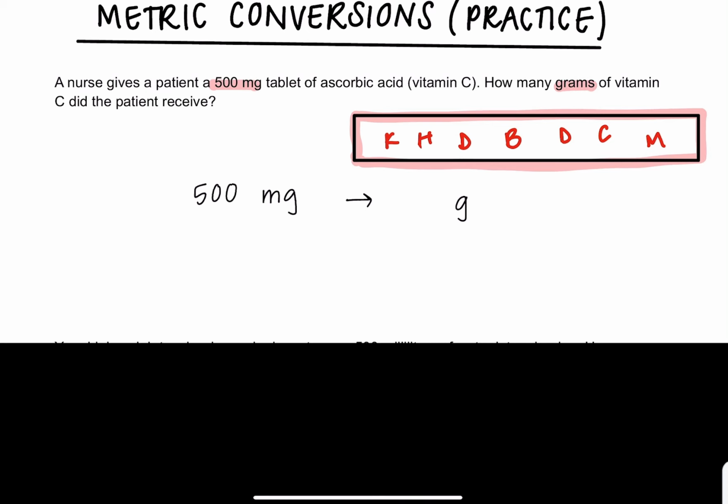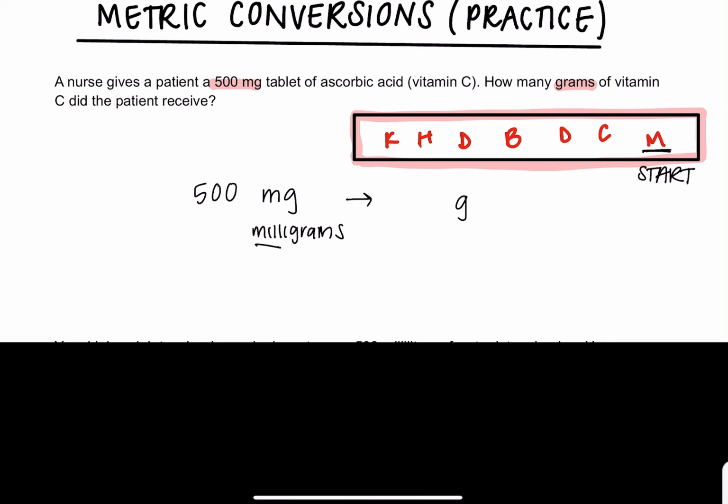Now, if we look at our key, we're going to look for milli because mg is milligrams. And if you recall, milli is going to be this M right here. So this is where we're starting. So I'm going to write start. And we want our end to be in grams. And remember, there's no G on here. So when you just have grams, that's going to be the base. So that's a base unit.